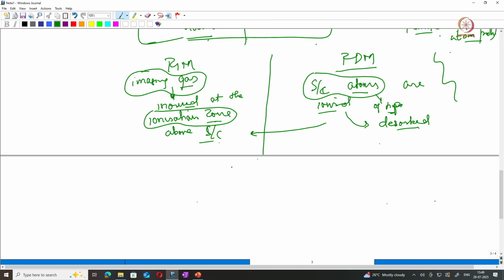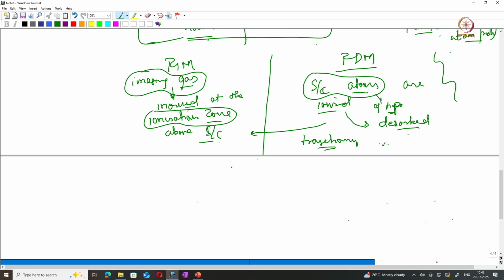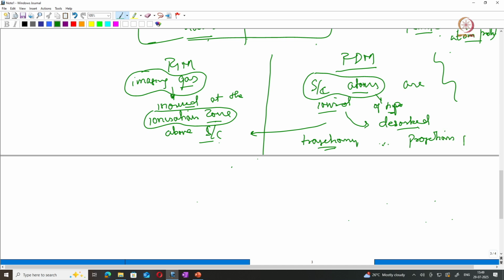So there is a difference in the trajectory, and therefore a difference in the projection parameters between the FIM and the FDM.